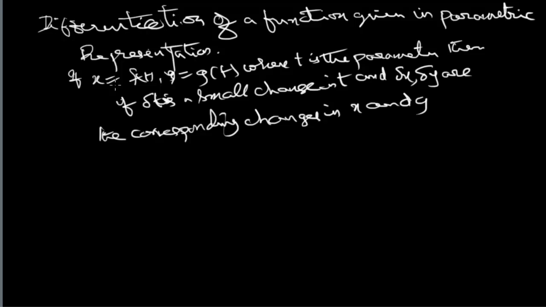That means x and y depend upon the parameter t. If there is a change in t, there will be a change in x. If there is a change in t, there is a change in y.